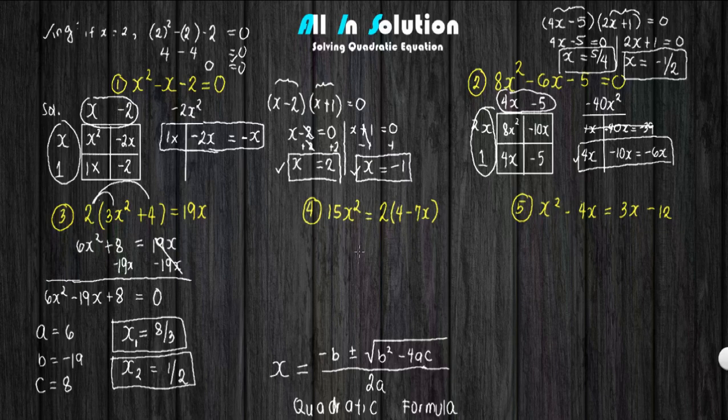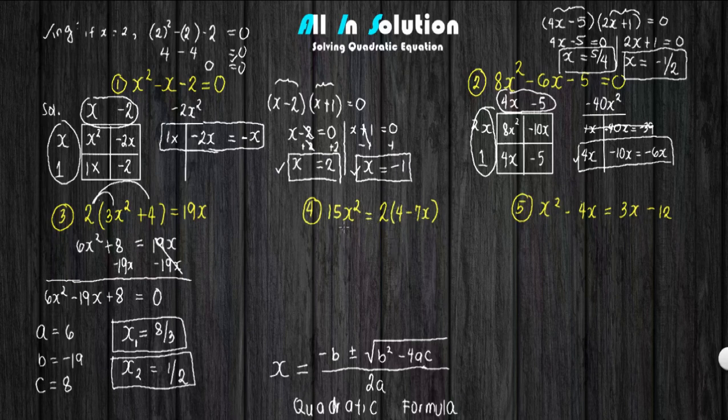For our fourth example, meron naman tayong 15x squared equals 2 times 4 minus 7x. So, kagaya ng number 3, hindi pa rin siya naka-standard form. So, ang kailangan natin gawin dyan para maging standard form, same sa process ni number 3, I have to distribute 2 dun sa loob ng parenthesis.